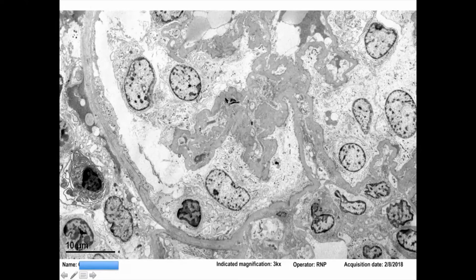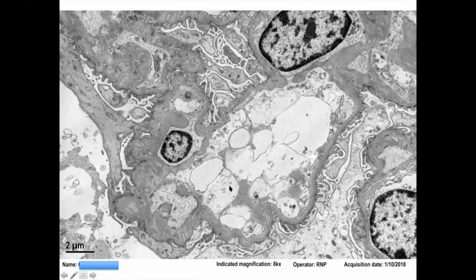And like we said, we don't have any deposits. It looks absolutely fine, but in a crescent formation. This is another picture at a higher magnification. We are here at 8K, and this is just to highlight that now what we have is just sclerosis.